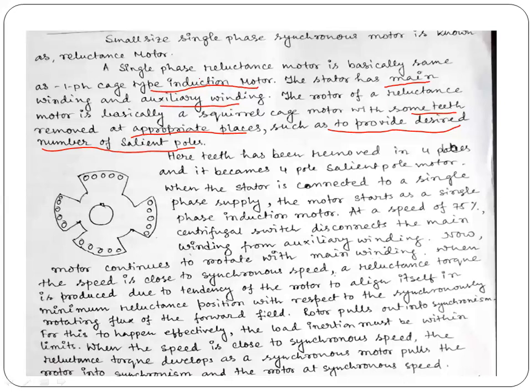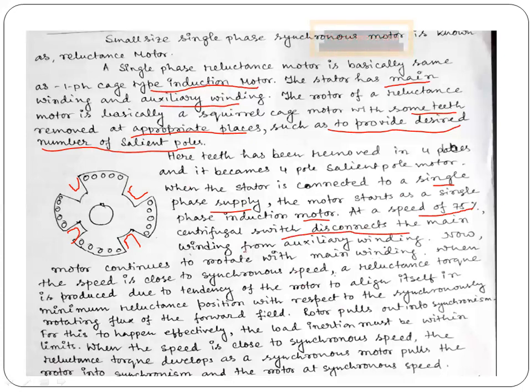That means the fact happens physically. In the diagram we have shown, teeth are removed in four places. That means this will behave as a four-pole machine. At the beginning, it is connected to a single phase supply, so the motor will start as a single phase induction motor. Like any other single phase induction motor, when the motor reaches 75% of the speed, the centrifugal switch disconnects the auxiliary winding from the main winding.